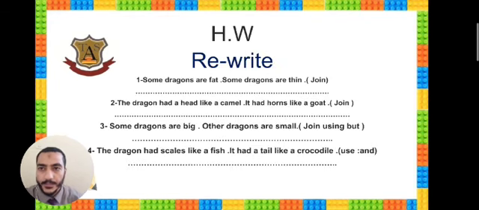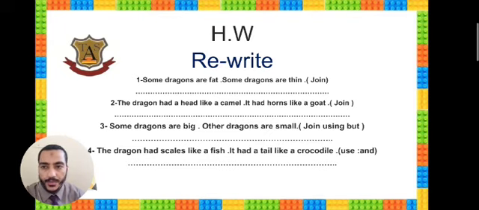The homework today is you write. Number 1, let me read the questions for you. Some dragons are fat, some dragons are thin. The question is to join these two sentences, and we practiced it before. Number 2, the dragon had a head like a camel. It had horns like a goat. Join. Use one of the two conjunctions that we studied today.